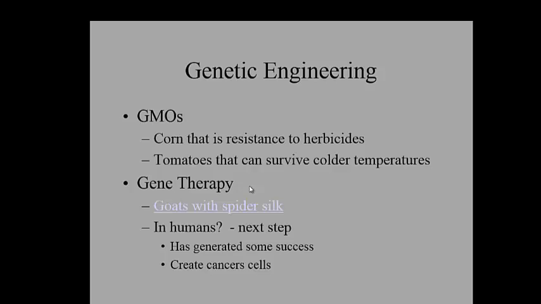For example, corn that is resistant to herbicides means you can spray herbicides on the corn and it will kill all of the weeds that are in direct competition with the corn. So the corn is going to get all the water, all the nutrients, and all the sunlight because it doesn't have any competition from the weeds. You can also grow tomatoes that can survive in colder temperatures. This also widens the area that you can grow tomatoes in so that the tomato production can be larger.